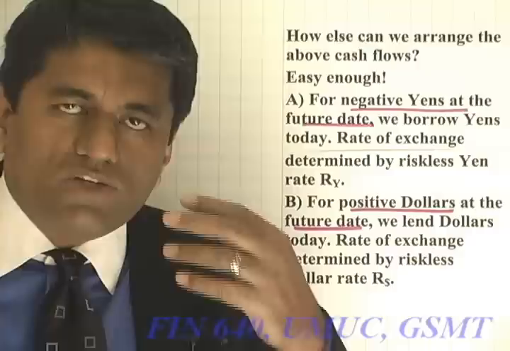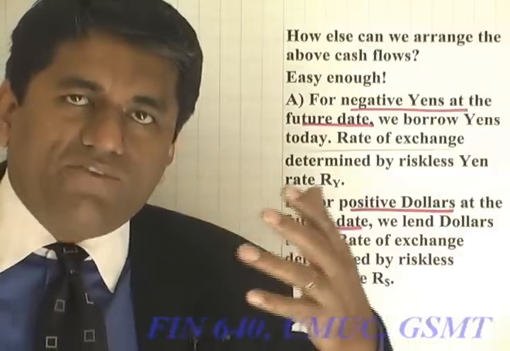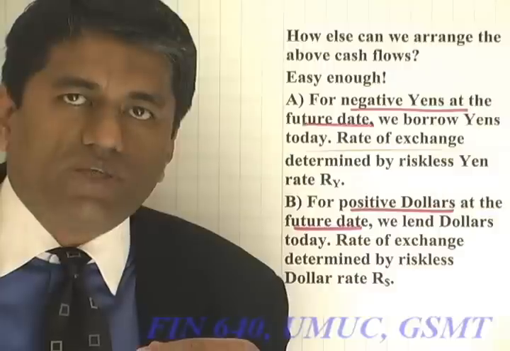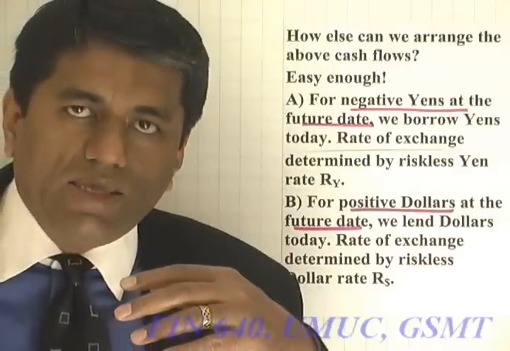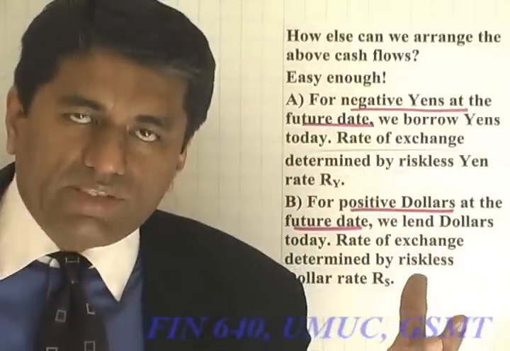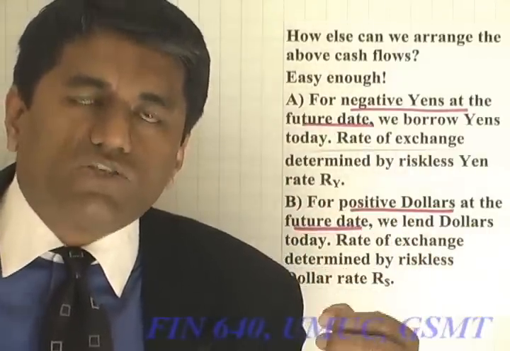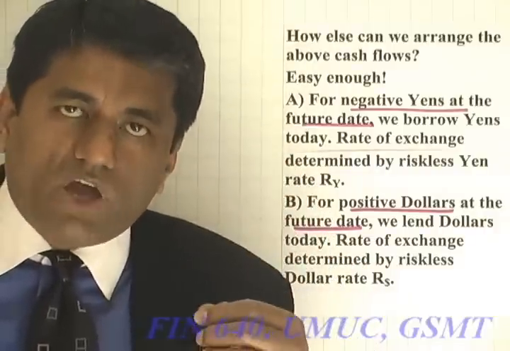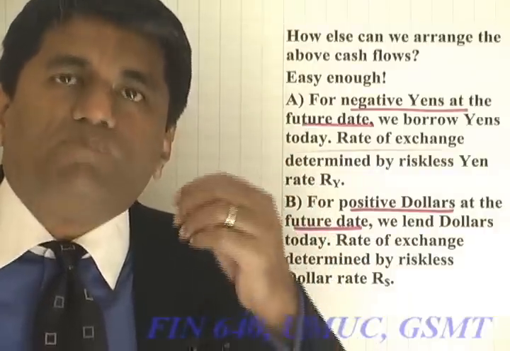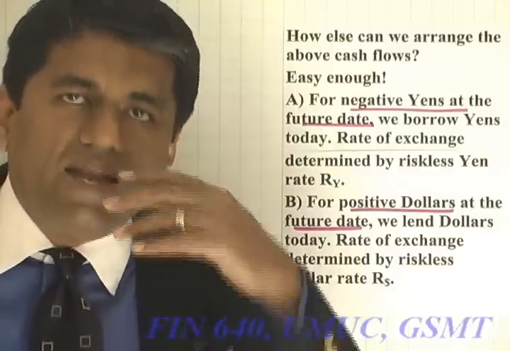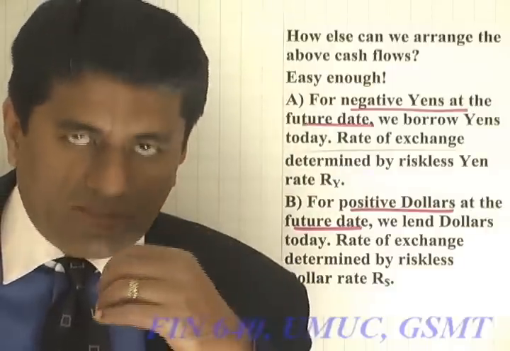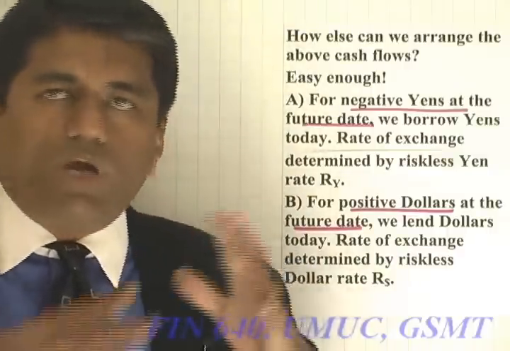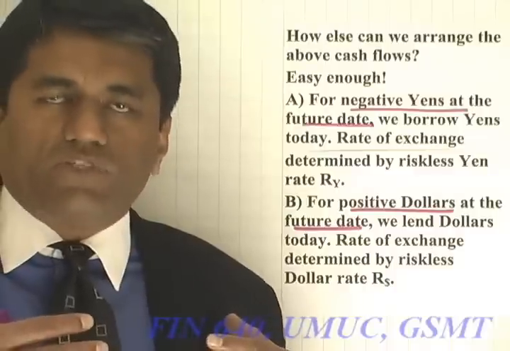That is, today we have positive yen cash flows, because we borrowed yens, and we also have today a negative dollar cash flow because we lent dollars, the same as buying dollar bonds. So what do we do with these extra cash flows that we have today?